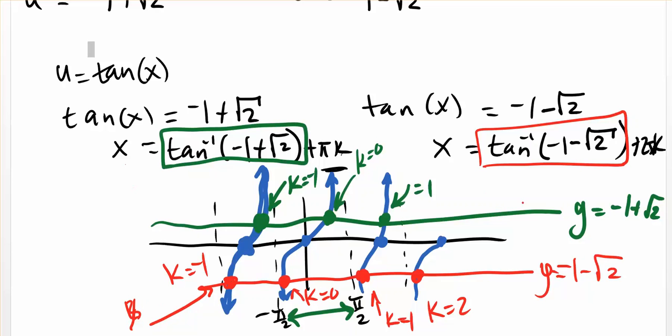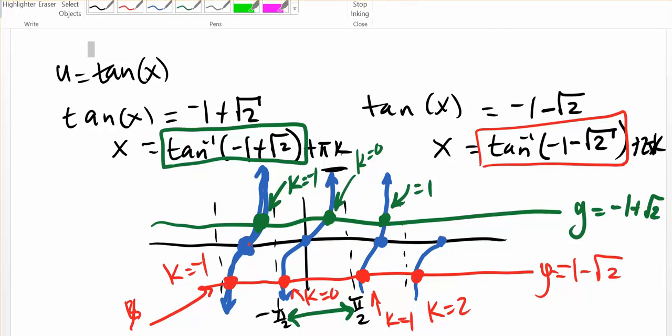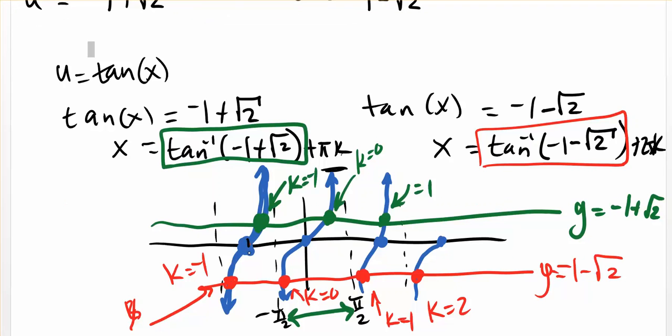Now, I stopped this graph a little truncated here. It goes on forever, continuing on and on. But the reason I didn't continue is because the problem originally wanted x values between 0 and 2 pi, so I stopped the curve at 2 pi.